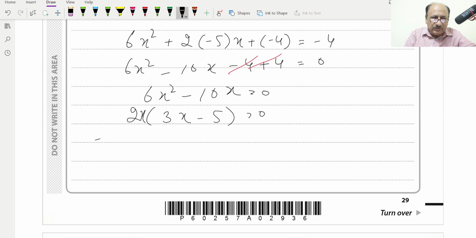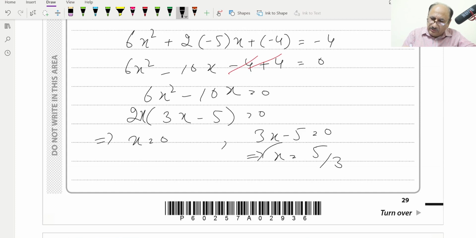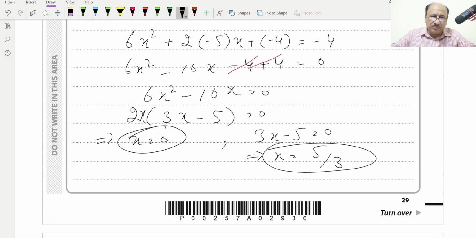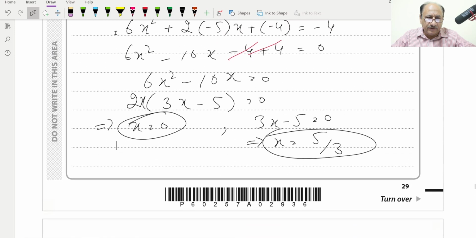So this implies x is equal to 0 or 3x minus 5 is equal to 0, and this implies x is equal to 5 over 3, which will be the other solution. These are the two x values which we were supposed to find.